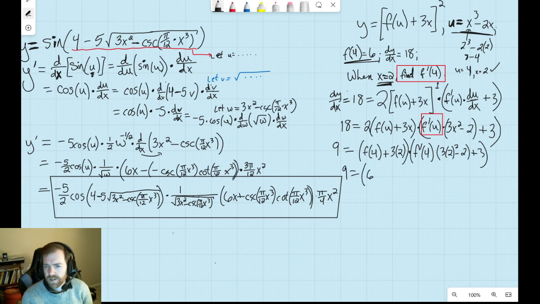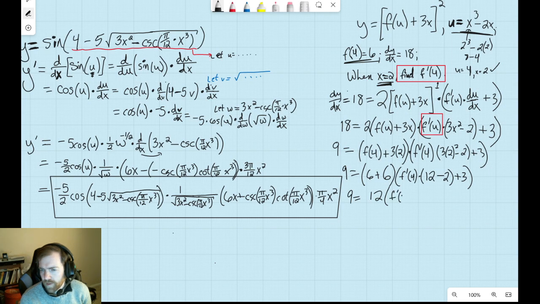So this is going to be 6 plus 3 times 2 is 6 times the quantity, f prime at 4, times, here we're going to get 2 squared is 4 times 3 is 12, minus 2, end parentheses plus 3. End parentheses. Alright, so 9 is equal to 12 times the quantity, f prime at 4, the unknown value, times 10, all plus 3.